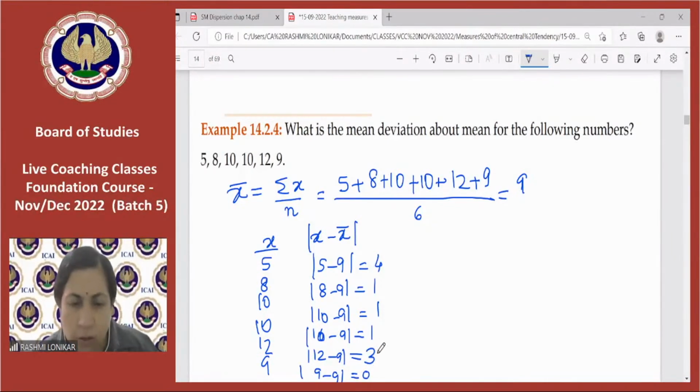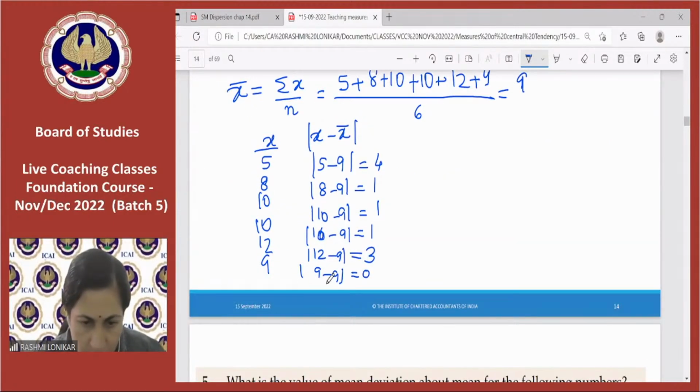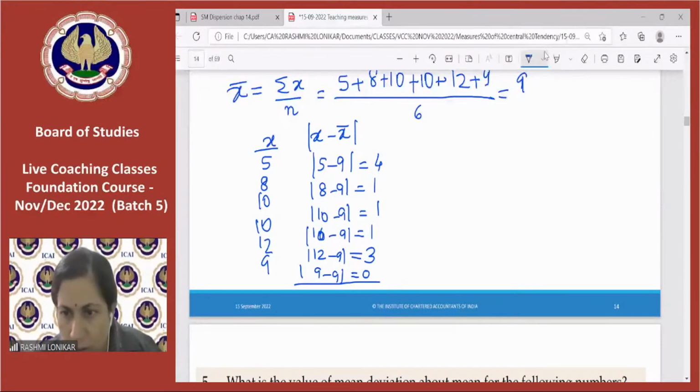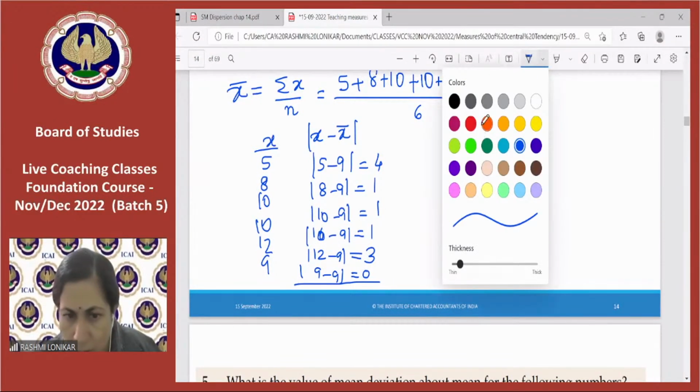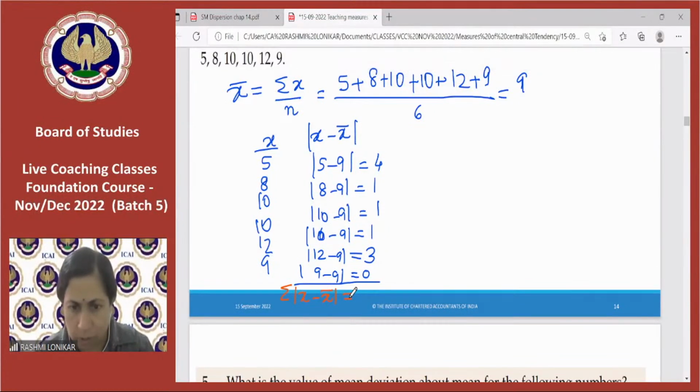Now can I find out this addition? Summation of |x minus x bar| will be how much? Just add them up. 4 plus 1 plus 1 plus 1 plus 3. So 10.